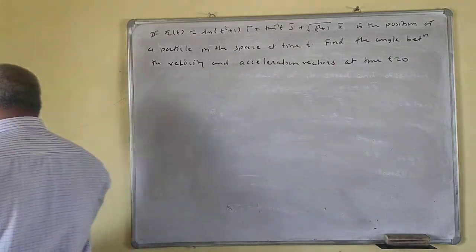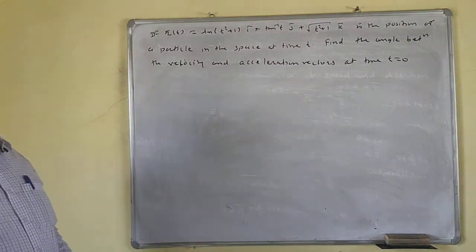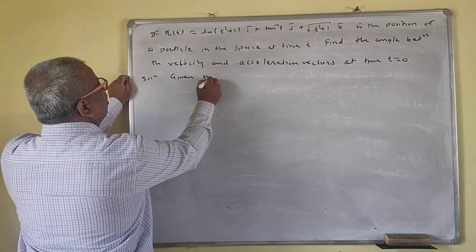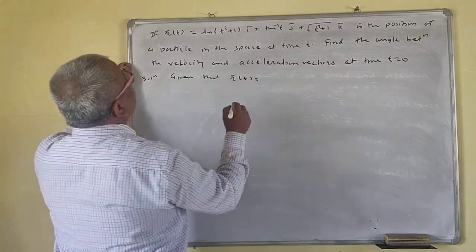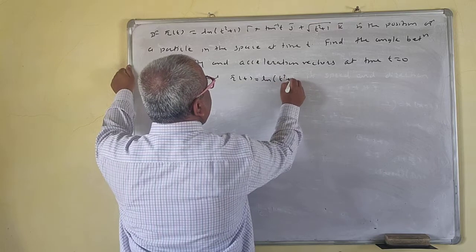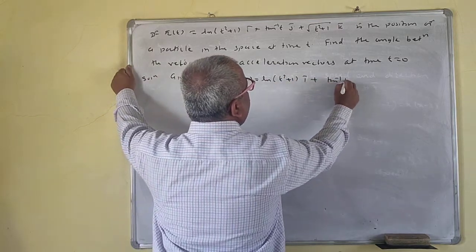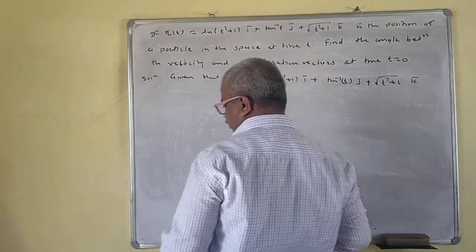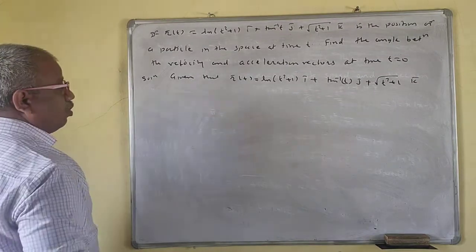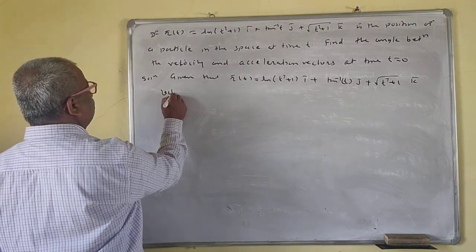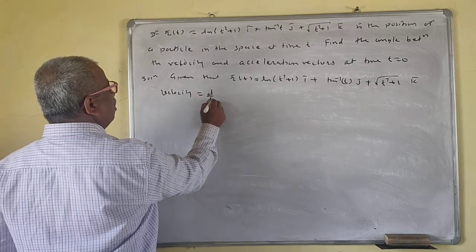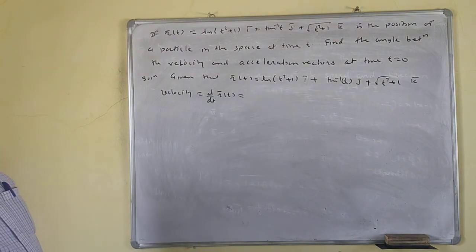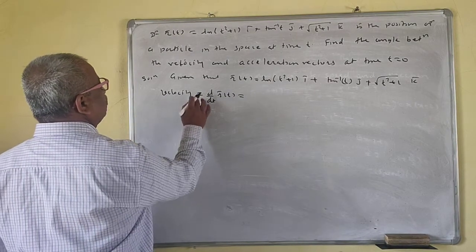You have to find, first, the velocity and the acceleration at time t is equal to 0. Solution. Given that r bar of t is equal to ln of t square plus 1 i bar plus tan inverse of t j bar plus root of t square plus 1 k bar. So velocity is nothing but d by dt of r bar of t, which I will write as v bar.